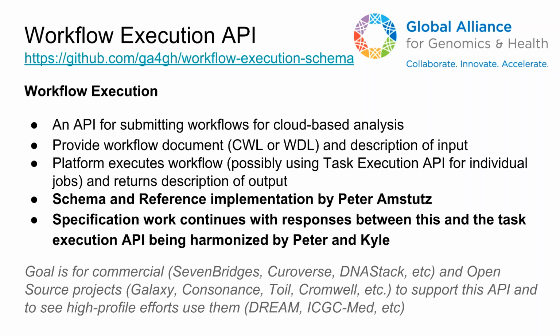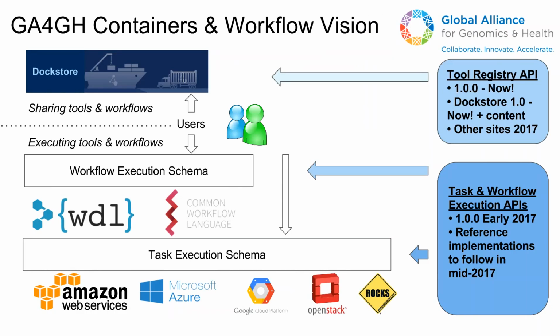So what's our ultimate vision, and where are we going with this as far as the GA4GH and Dockstore goes? So Dockstore is production, it's 1.0. We're really hoping to work with people in the community, do outreach, do additional training seminars, and use it both ourselves, but also as a community to share tools and workflows in a highly standardized way.